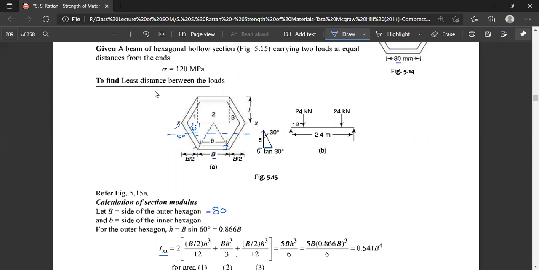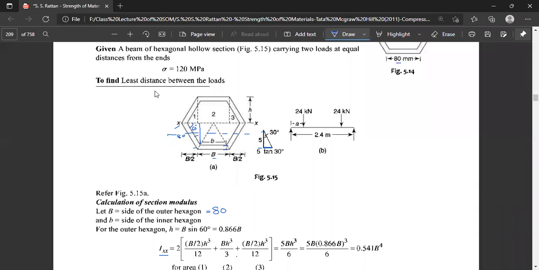We have to know this hexagonal portion of the beam, and we have to multiply this portion by 2.